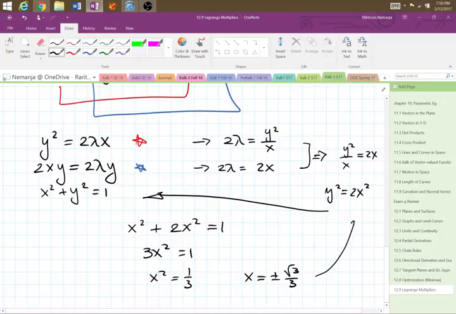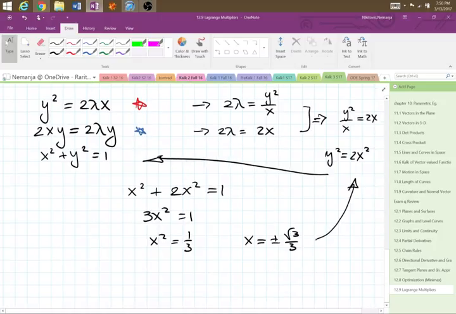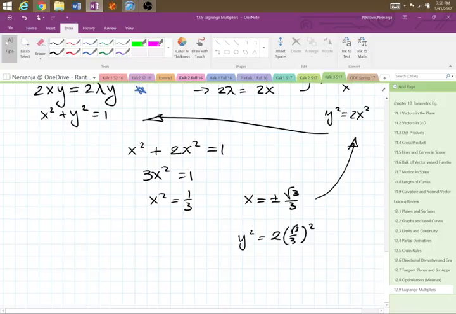Then you will bring that to the equation to find your y's. Now, when you square this, you get 1/3, so that's 2/3. So y squared is equal to 2 times root 3 over 3 squared, from where y squared is equal to 2/3.